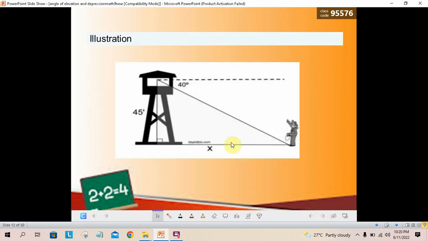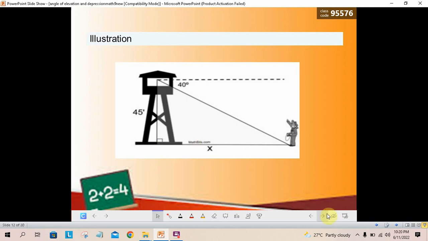So this is your unknown. We're going to solve for the distance of his partner from the base of the tower. So that will be the unknown x. Again, there is no need to solve here. Any questions here? You can comment below for your questions.